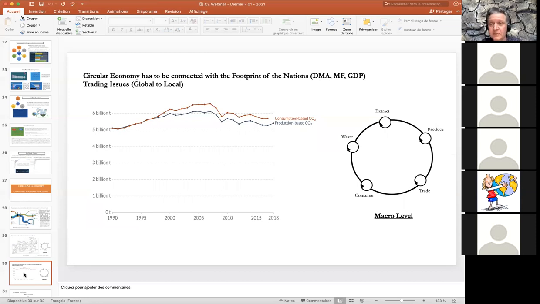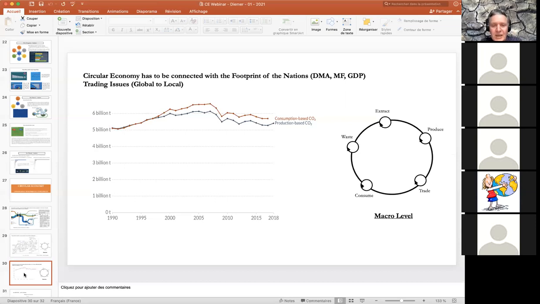I think it's really good to say that we have to produce less and less, be efficient. We have to consume less and less, and maybe more responsibly. And if we do that, we have less and less waste. But if you come back to the beginning and to the way we are connected, extraction and trading are maybe the big drivers of the system, and we are not talking about this driver.